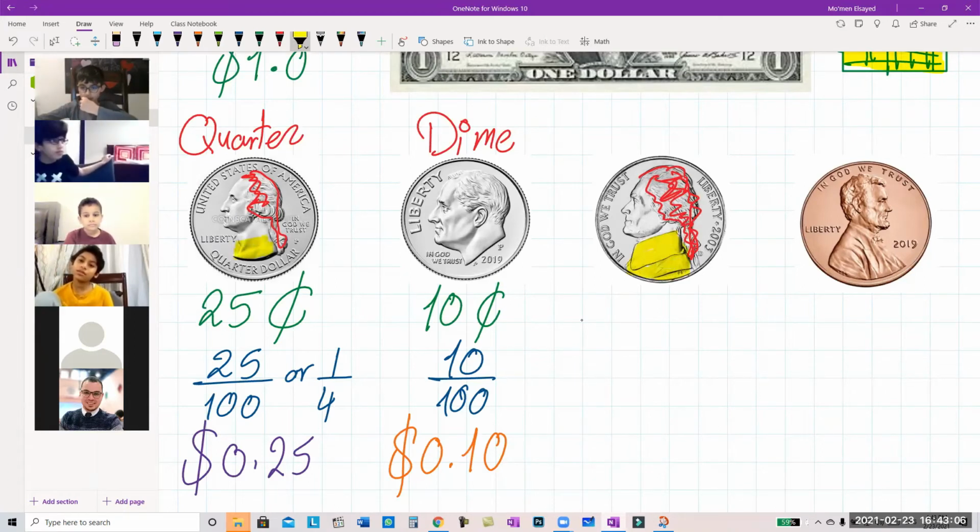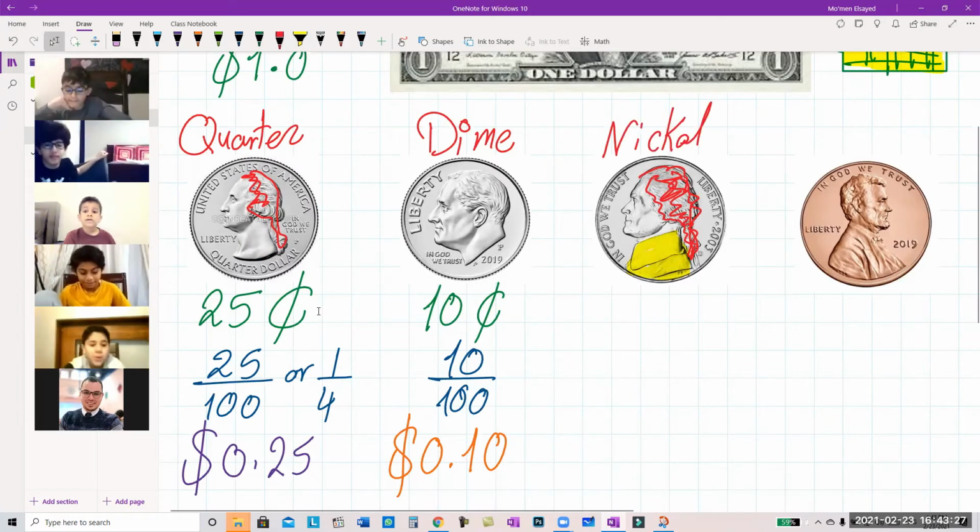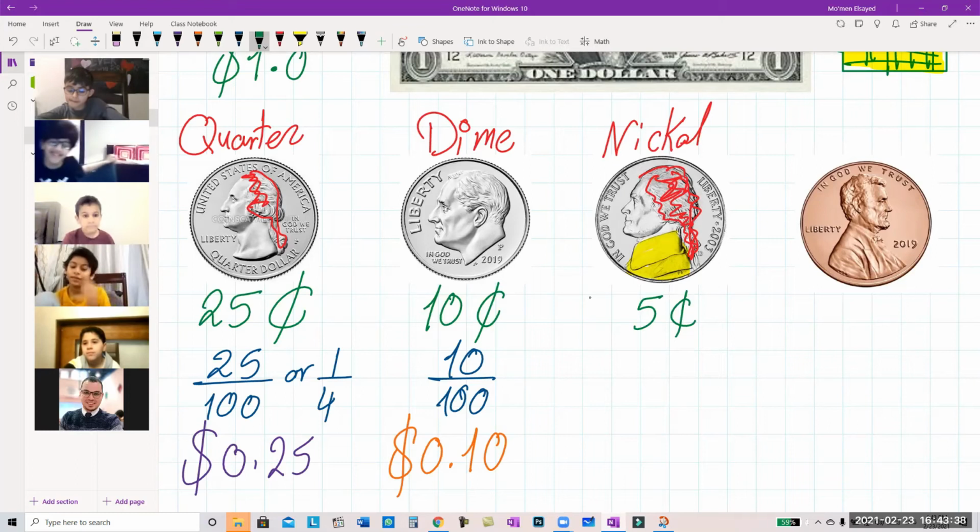So here he's wearing a t-shirt, so it will be a nickel. The nickel is 5 cents.